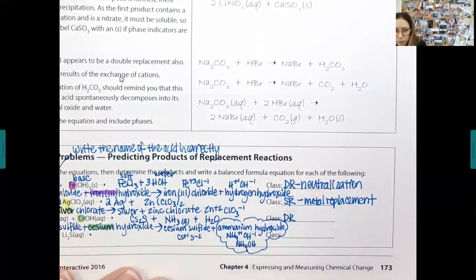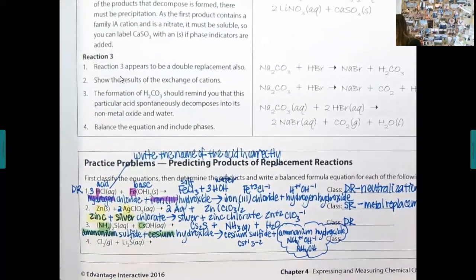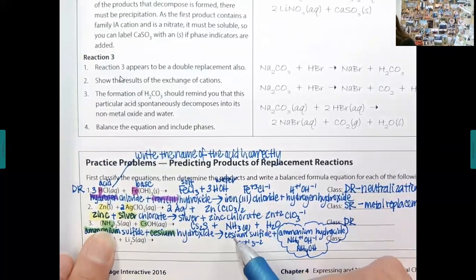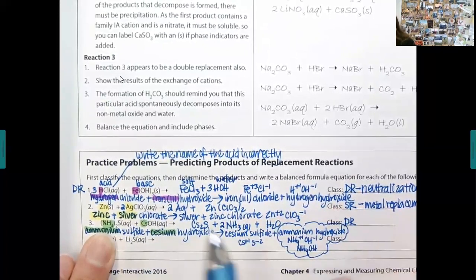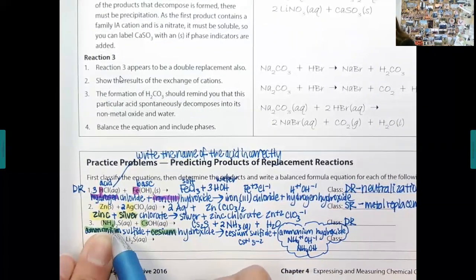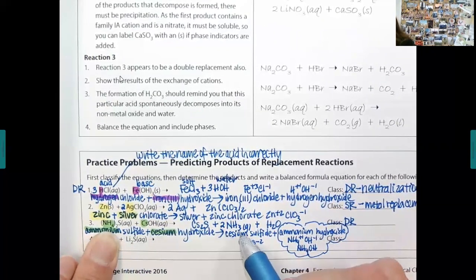Okay. So now what we can do is we can attempt to balance this. So we've got 2 nitrogens here, so we could put a 2 here. You've got 8 hydrogens plus 1, which is 9. So this is 6 plus 2 is 8.